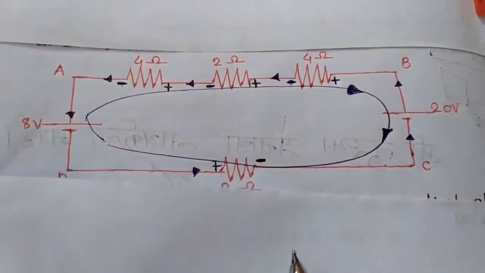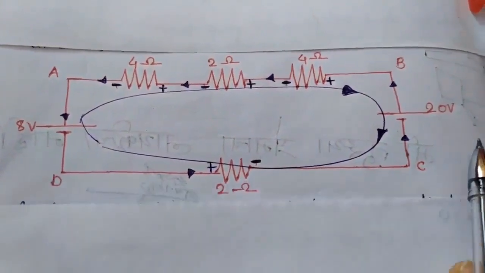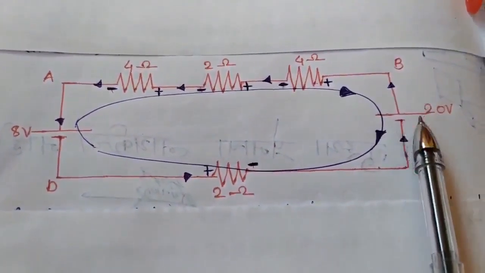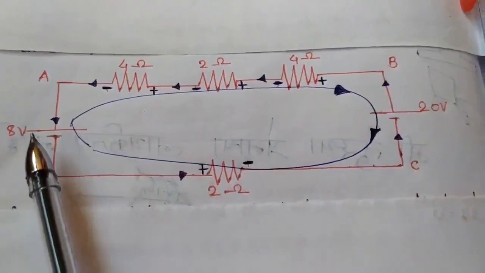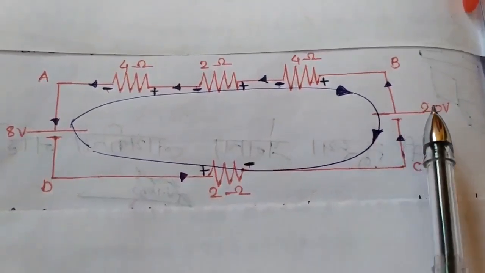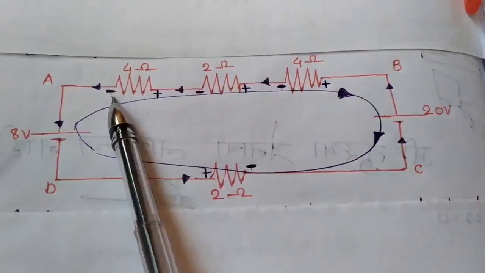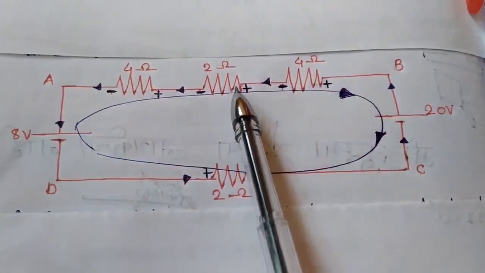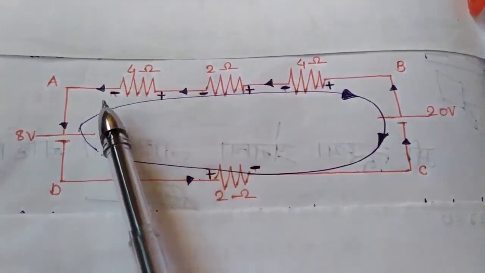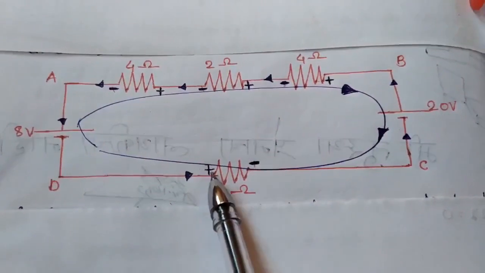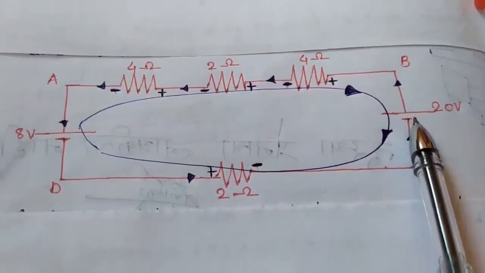In such cases, we take the current from the higher voltage source, 20 volt and 8 volt, so take current from 20 volt. Current is flowing in this direction. Let's take plus here, minus here, plus here, minus here, plus here, minus here. Again this same current flows through this resistance, plus here, minus here, and meets the source.